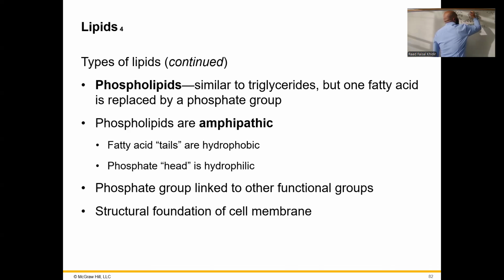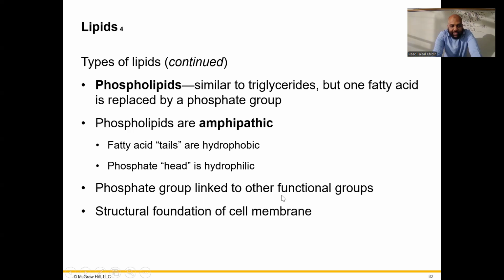So the tail is in the middle and the head is outside. The head is facing the water. So the hydrophilic head, it loves the water. In the core is the tail. That's the hydrophobic tail. So the tail is in the middle. That's made of lipids. That's hydrophobic. And the hydrophilic head is outside, pointing to the water region.